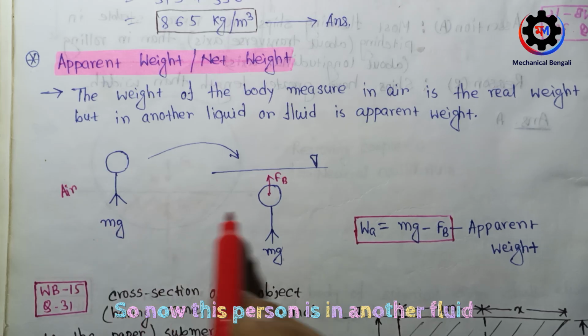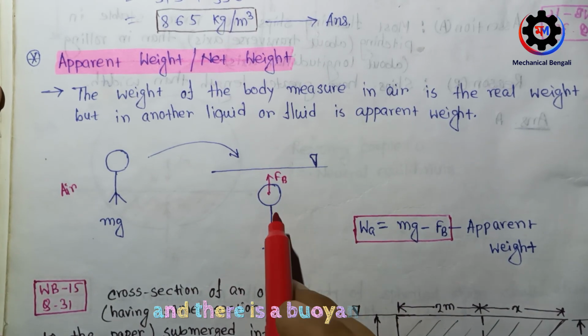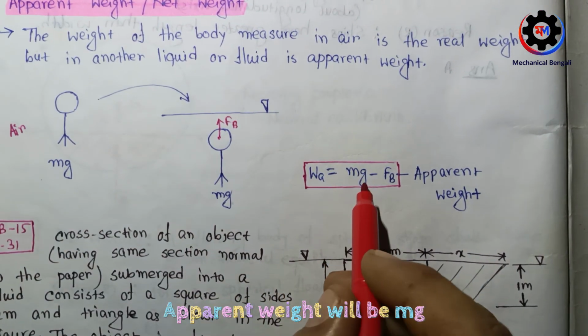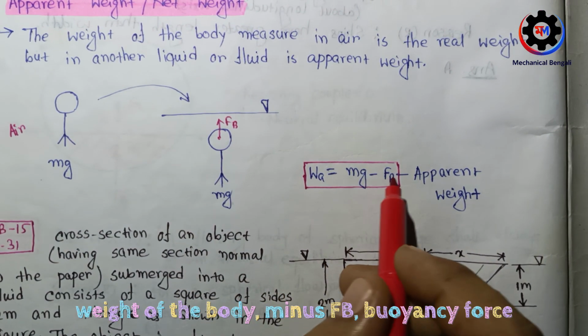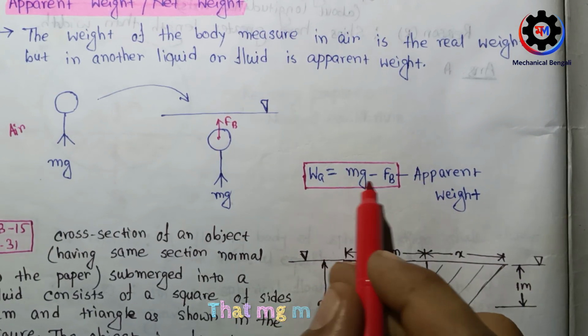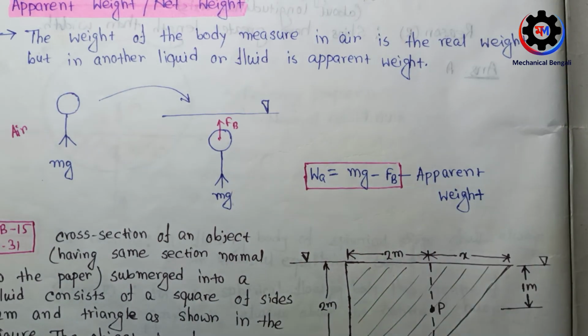Now this person is in another fluid. The weight of the body acts in the downward direction, and there is a buoyancy force acting in the upward direction. So what is the apparent weight? Apparent weight will be mg, the weight of the body, minus Fb, the buoyancy force. So mg minus Fb will be the apparent weight of the body. Remember this, very important.